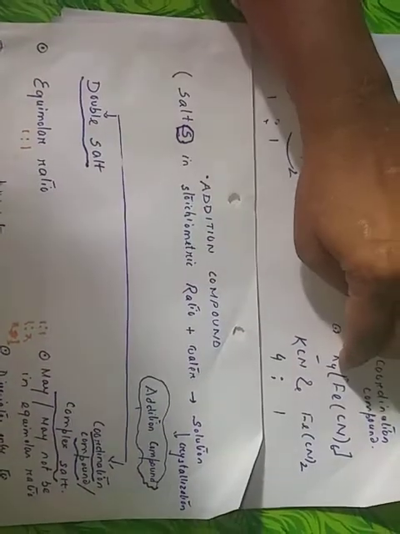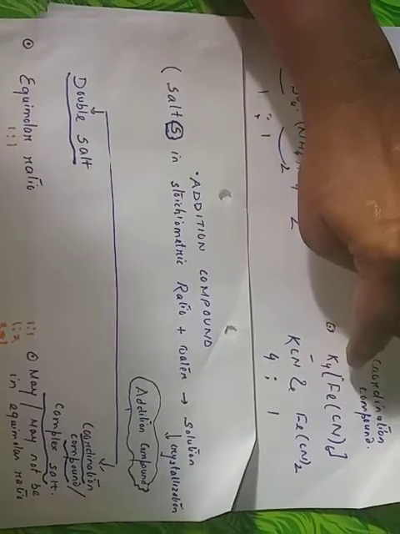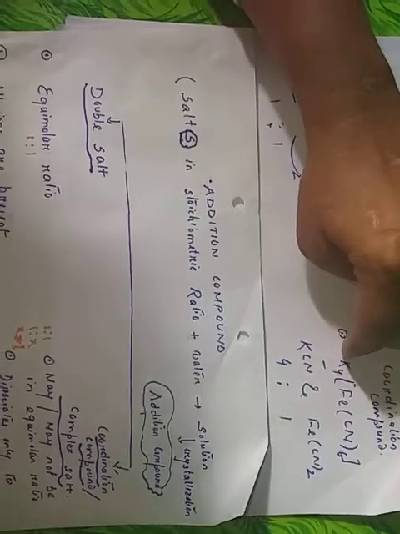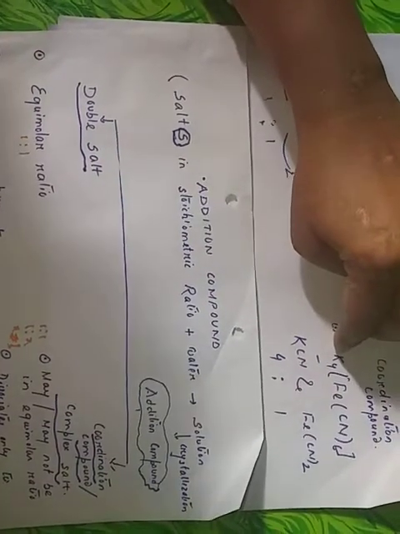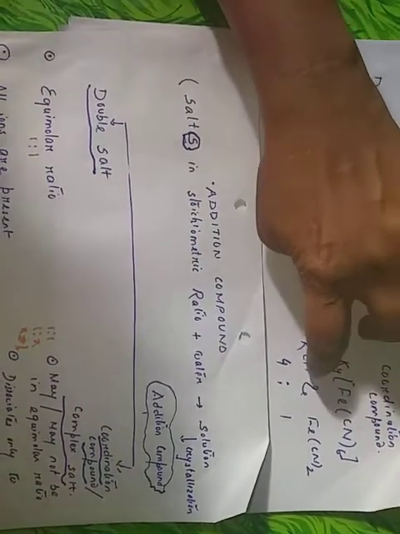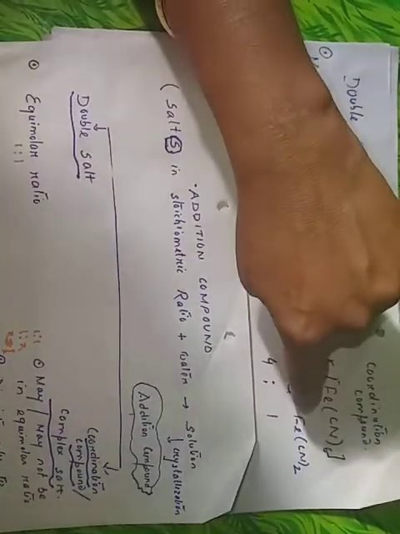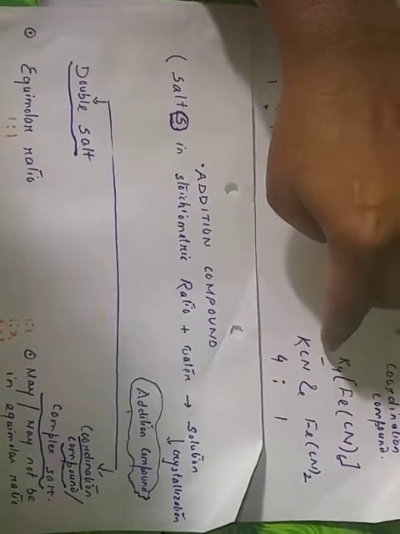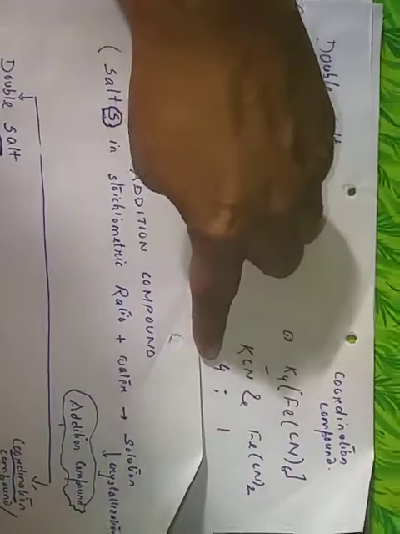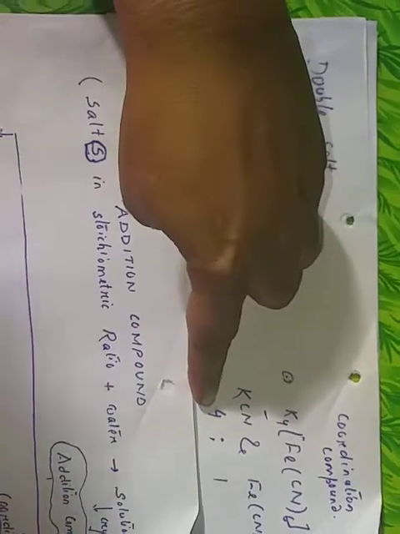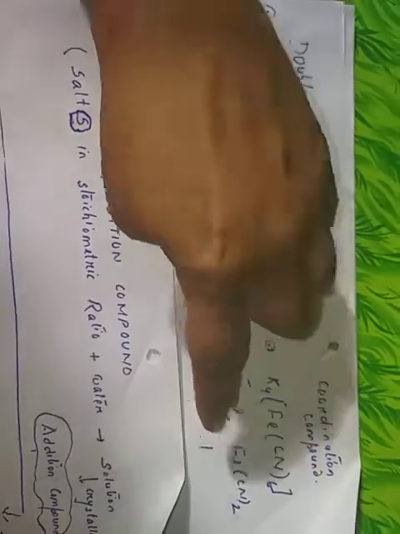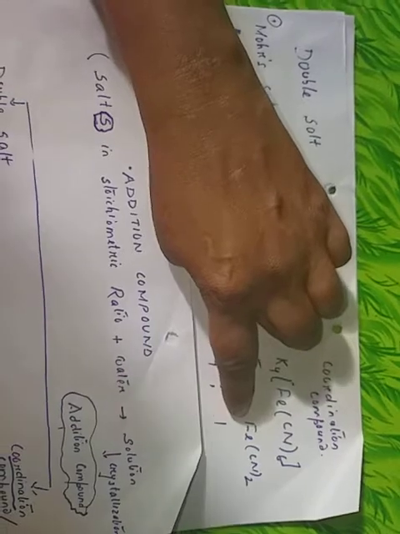In the case of potassium ferrocyanide, a complex salt, the constituent materials are potassium cyanide and iron(II) cyanide, or ferrous cyanide. In this, it is found in the ratio of 4 moles of potassium cyanide for every mole of iron(II) cyanide.